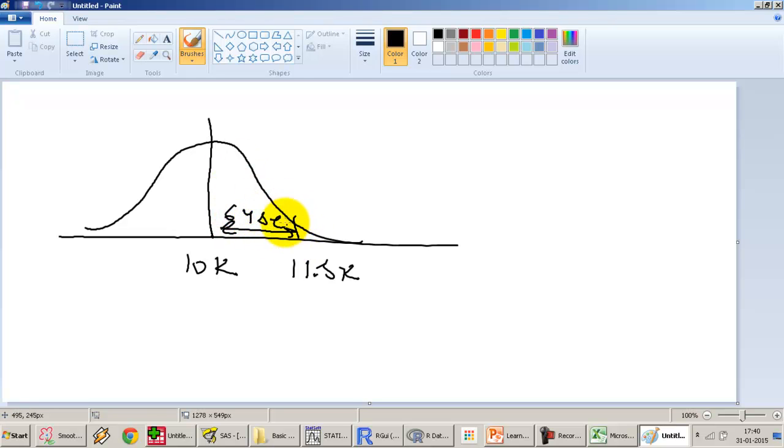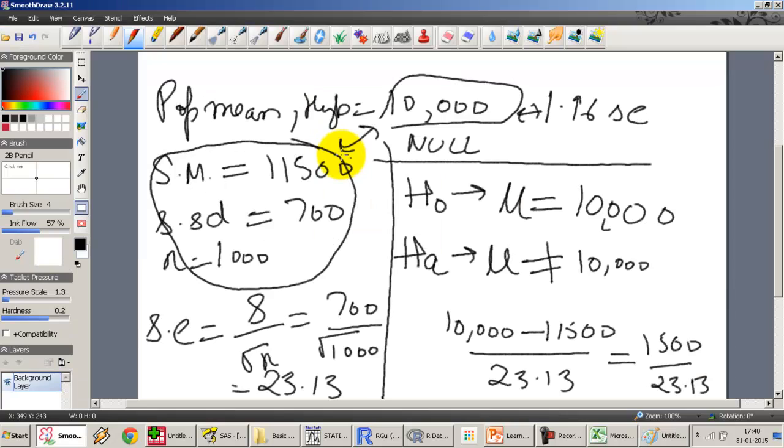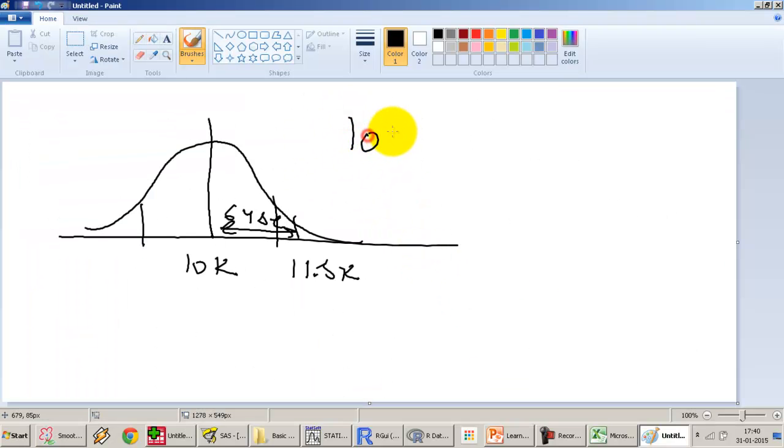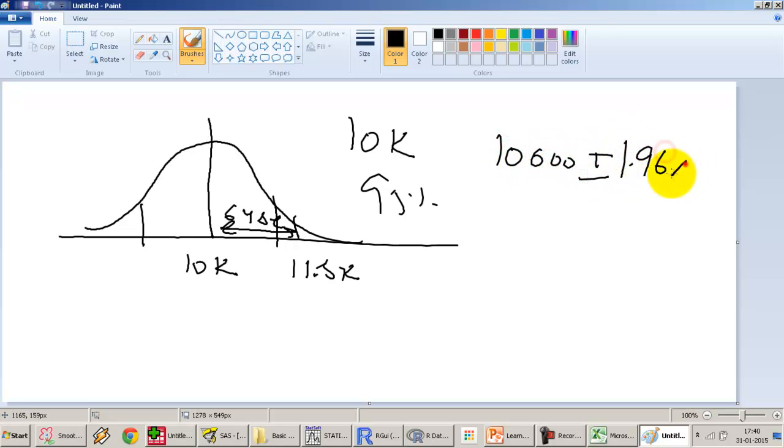So this particular mean is way outside the acceptance region of a 95% interval level, right? The standard error is 23.